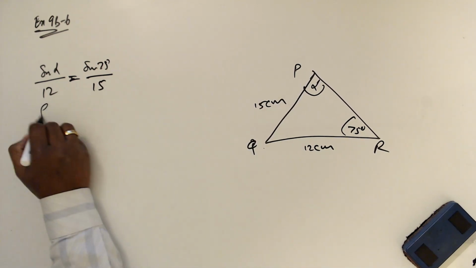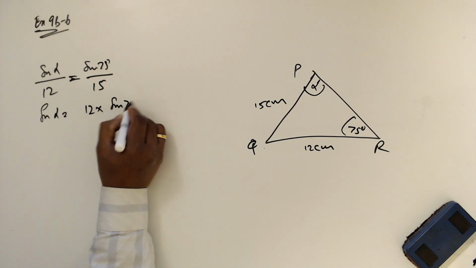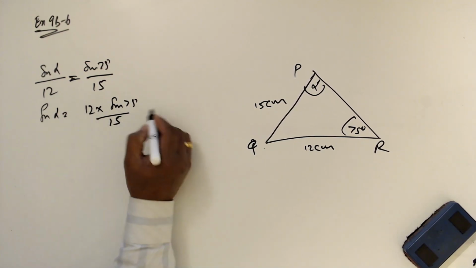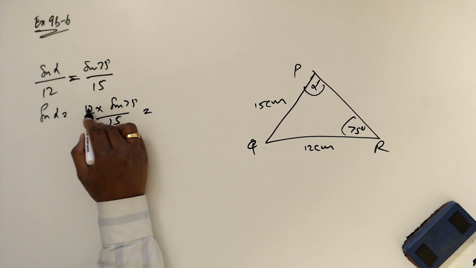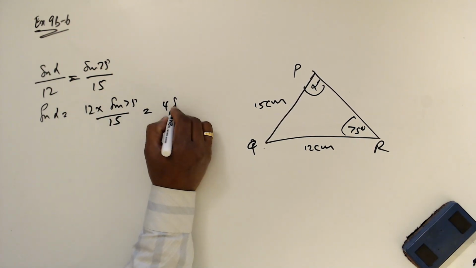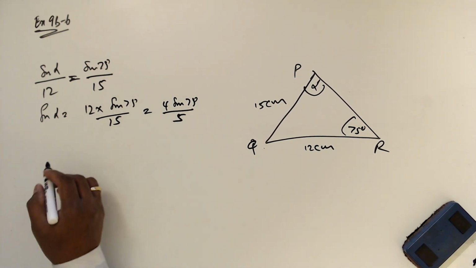So sine alpha equals 12 times sine 75 over 15, which you can divide by 3, 4 sine 75 over 5.